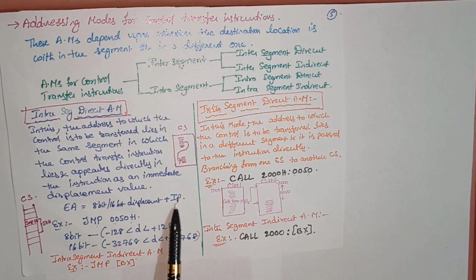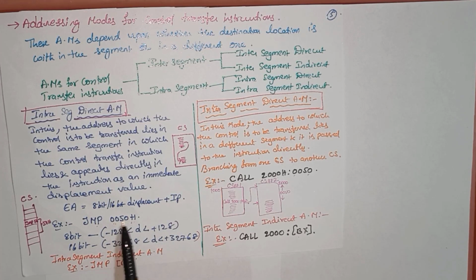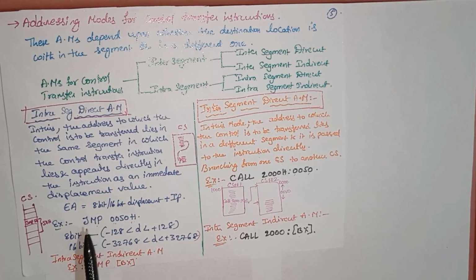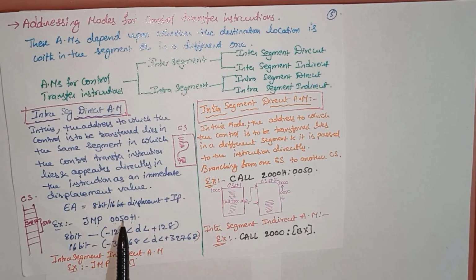The instruction pointer is used to store the address of the next instruction. To that address, whatever the specified 8-bit or 16-bit displacement, that will be added to generate the next instruction address. For example, I am using jump 0050.